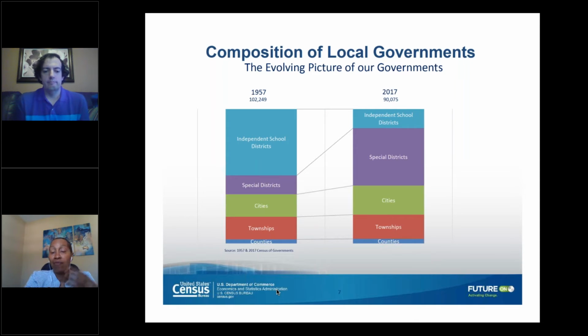Every year we have new special districts that are created and we have new and existing ones that dissolve. An example of a special district could be water and sewage, ditch district, fire protection. It just depends on the state. So we don't notice a lot of fluctuation in the picture of local governments now because we have a larger component of special districts than back in 1957.